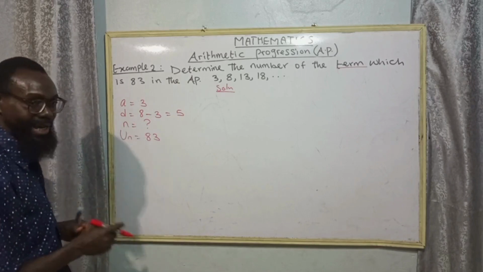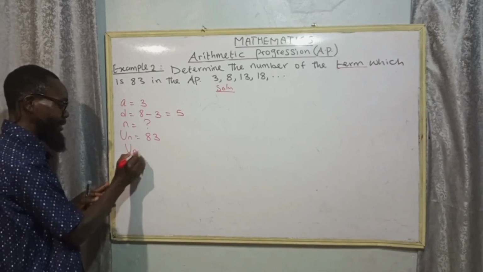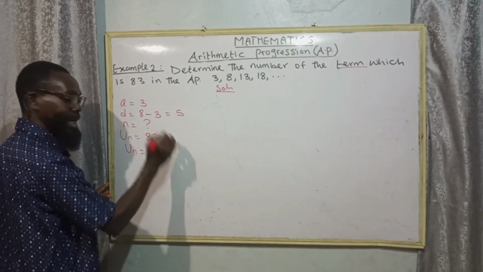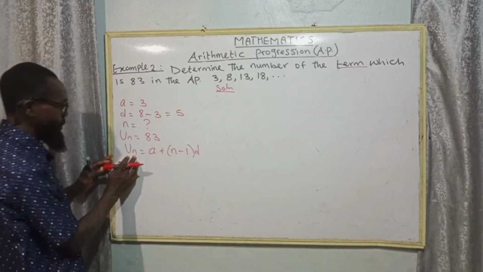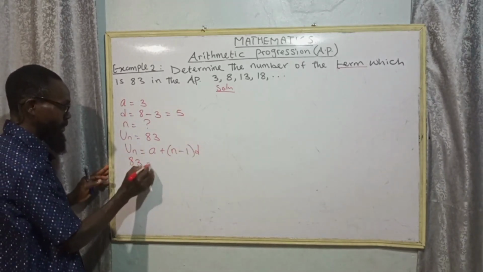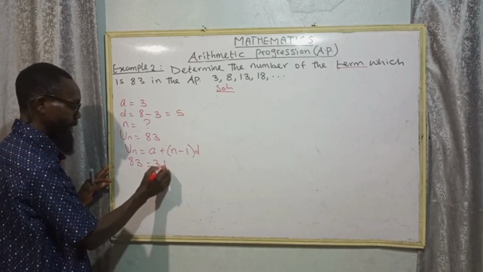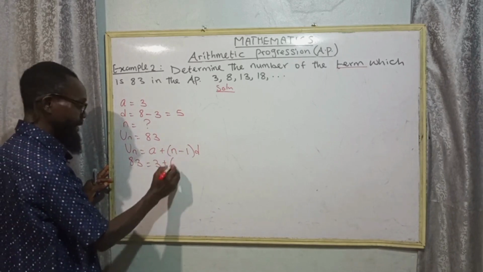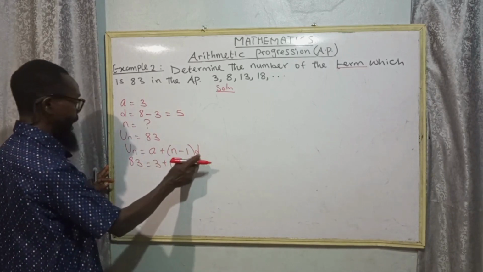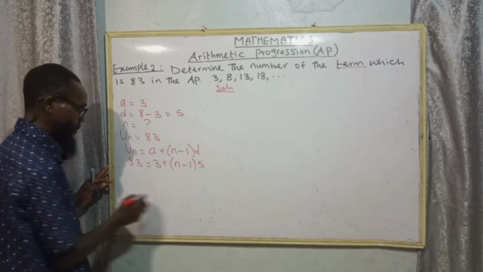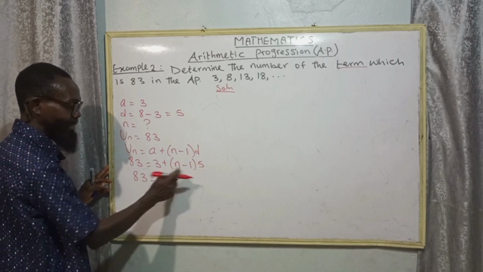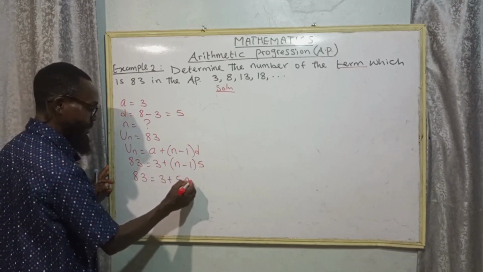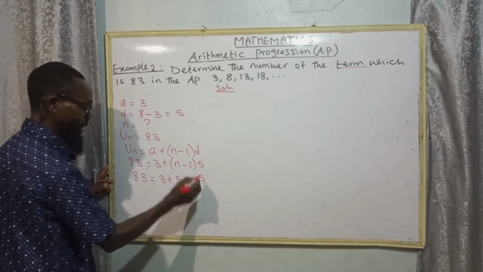So from here, applying our formula, un is equal to a plus open bracket n minus 1 close bracket d. Our un is 83, which is equal to our first term 3 plus our number of terms n minus 1. Our d is 5. So 83 is equal to 3 plus open bracket 5 times n, 5n minus 5 times 1, 5.